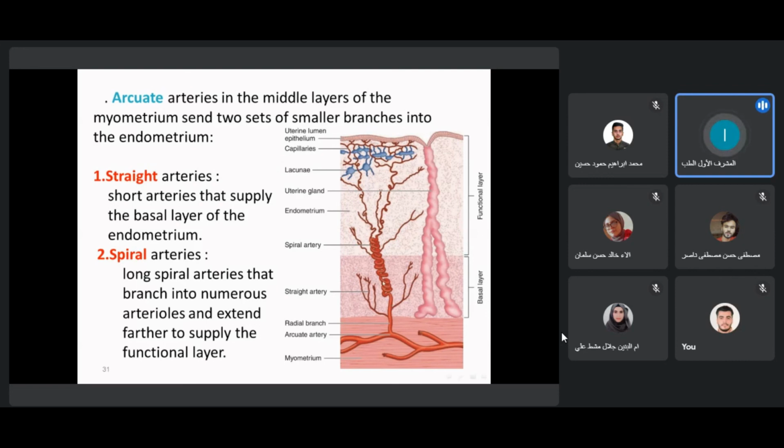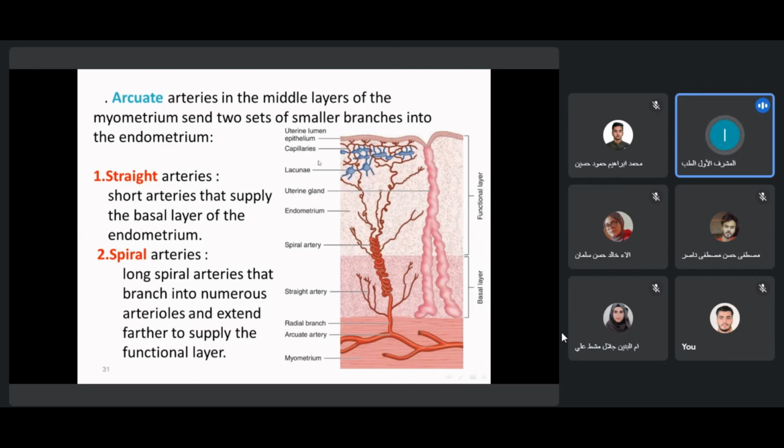While the branches from this straight artery are called the spiral arteries, and the designation comes from its shape. It's spiral in shape, long and spiral, highly branching arteries that extend upward into the entire functional layer here and up into the most superficial part.